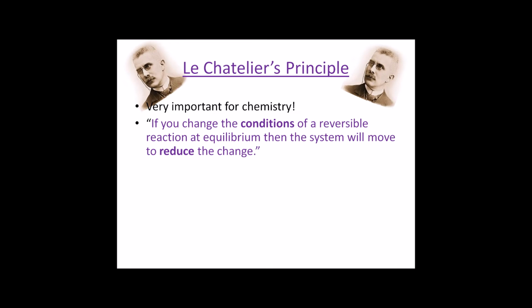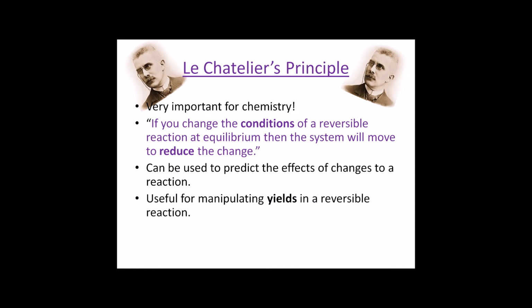So that's his principle, and you do need to know that, and we're going to break it down and explain what it means. Really, really useful, because it can be used to predict the effects of changes to a chemical reaction. So if we've got a reversible reaction, we can say what happens if we change X, Y, and Z about it, what's the effect going to be?